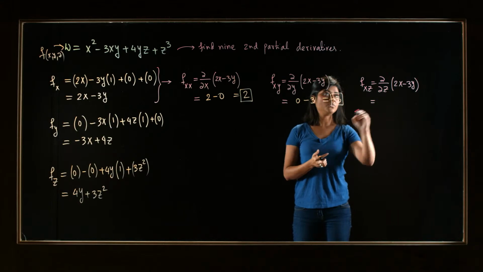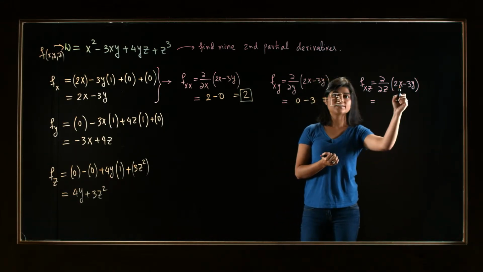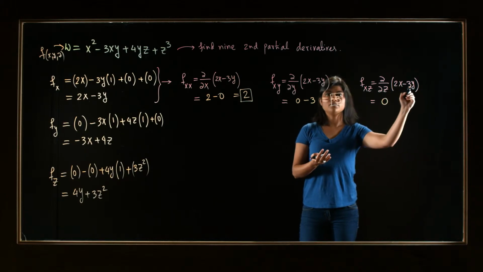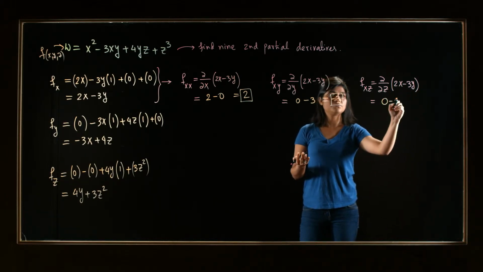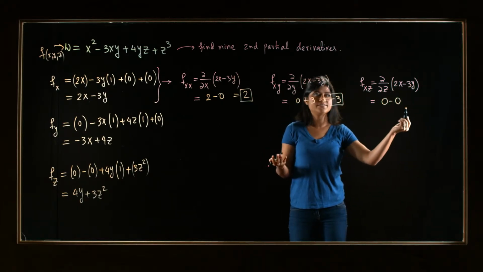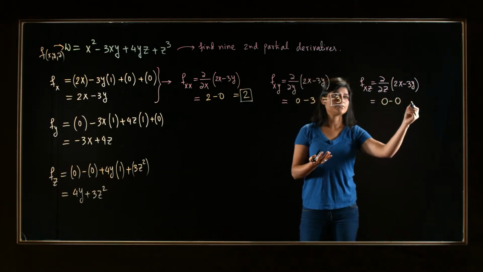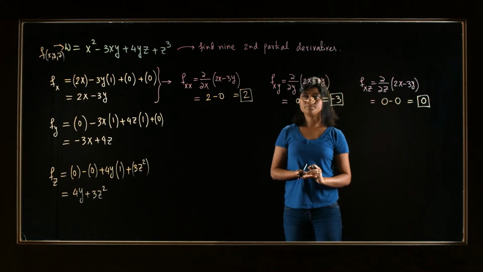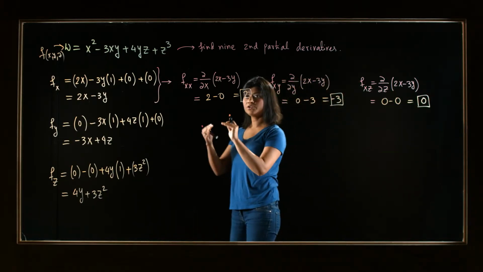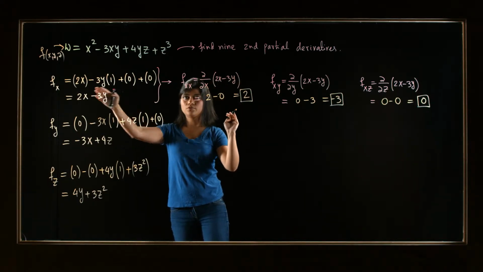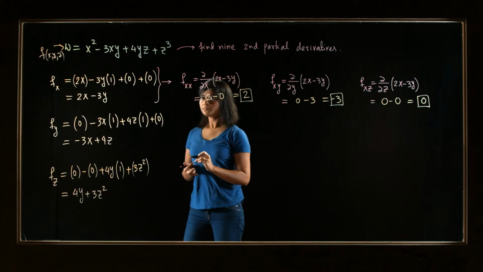Notice that 2x doesn't have a z, so the derivative is 0. 3y also doesn't have a z, derivative is 0, because the derivative is with respect to z, and this expression doesn't have any z. So the entire thing is constant. So this derivative is 0. So we got the first 3 second partial derivatives for fx.